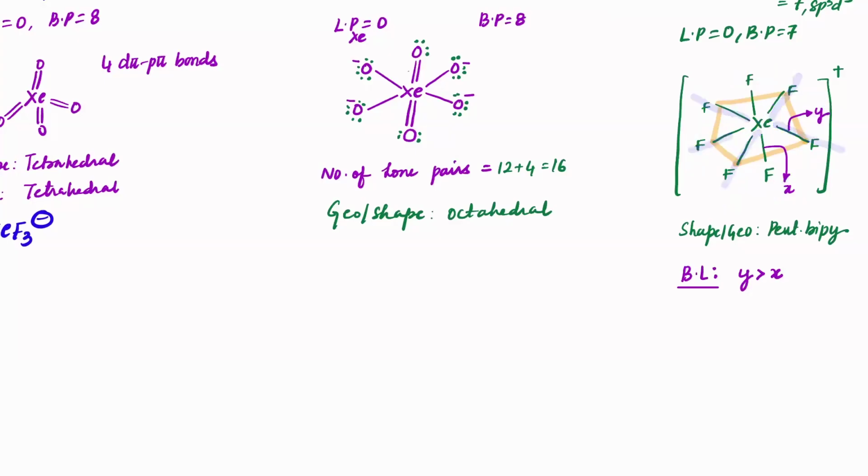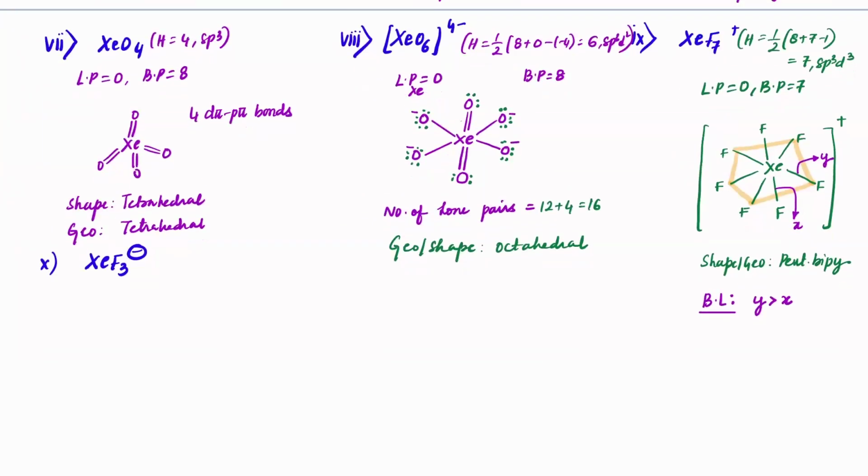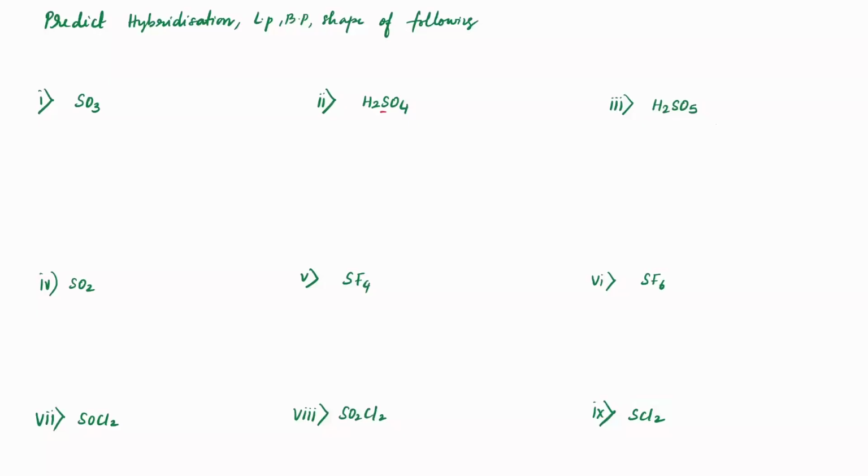So this is also Bent's rule. And here we always place the lone pairs across the axial and the more electronegative across the equatorial. Make a quick note, everybody. If you have a doubt, you can ask me.